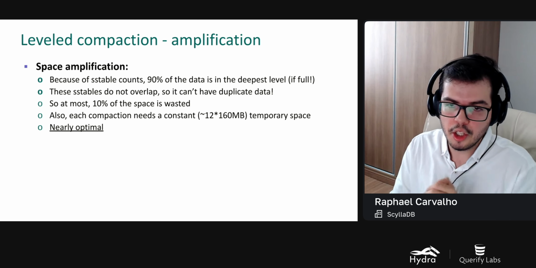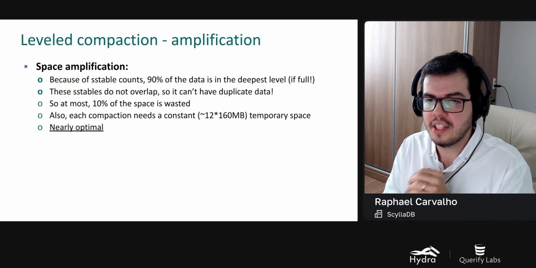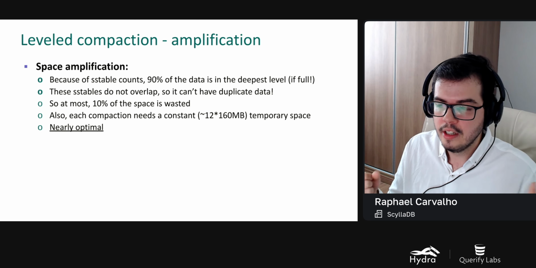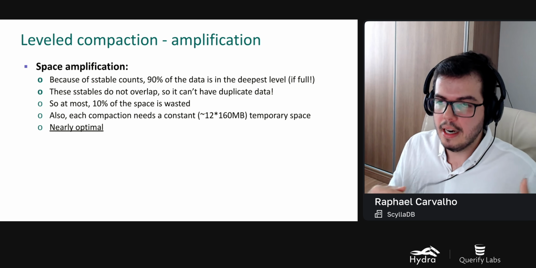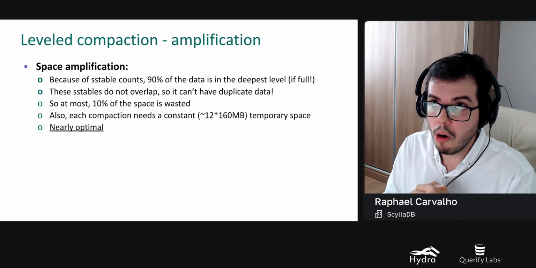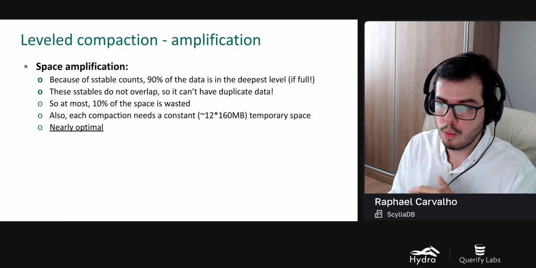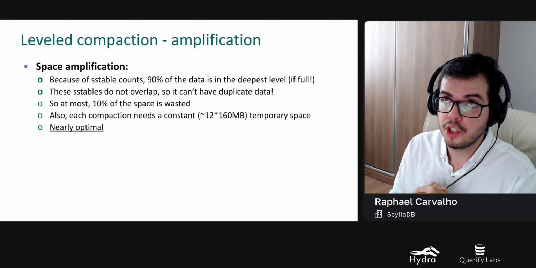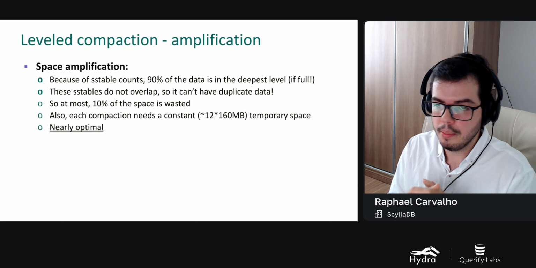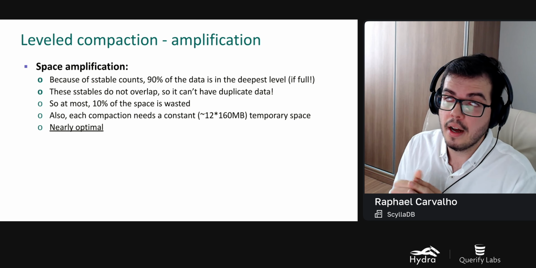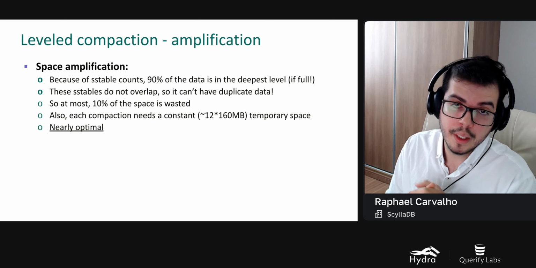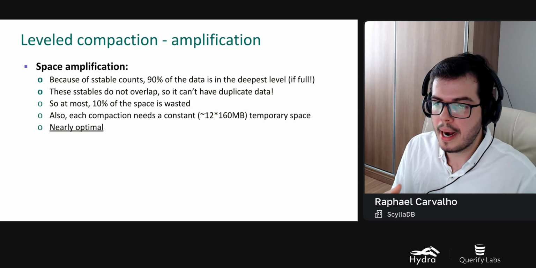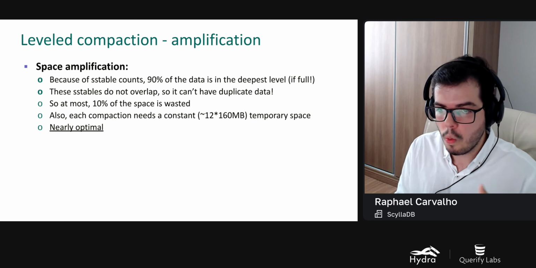So this is the space amplification for level compaction. Because of the SSTable counts, because we use the 10 out of 10, meaning that 90% of the data is going to be on the biggest level. That's because we use the 10 out of 10. So if we have like 1 terabyte of data in the LSM-tree, about 900 gigabytes would be in the highest level, 90 gigabytes in the second biggest level, and so on.